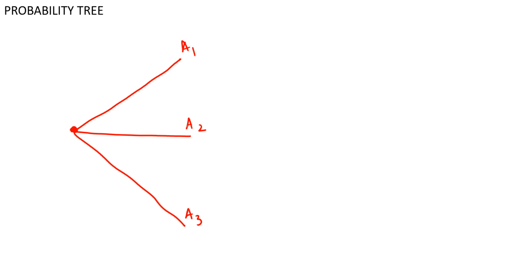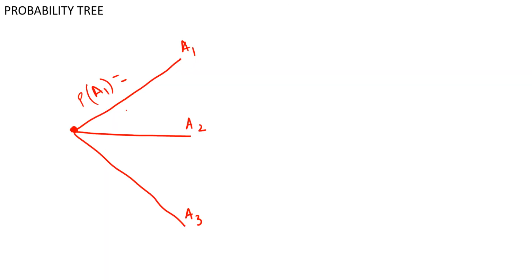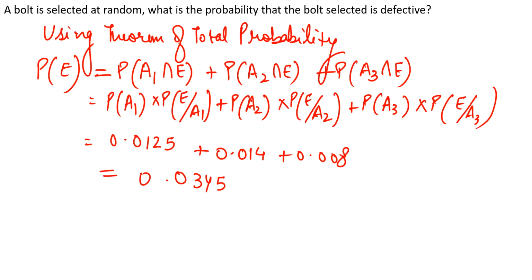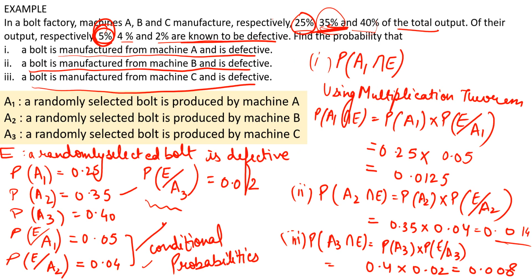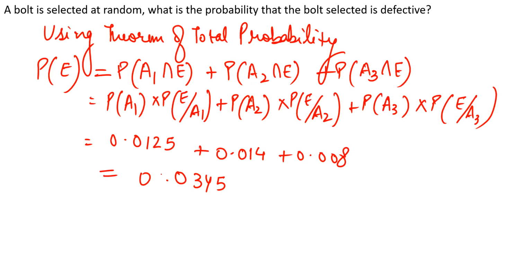So what are the probabilities of each event? The probability of A1, we can see from here, is equal to 0.25. Then what is the probability of occurrence of A2? This is simply equal to 0.35. And the probability of event A3 is again, from here, 0.4.